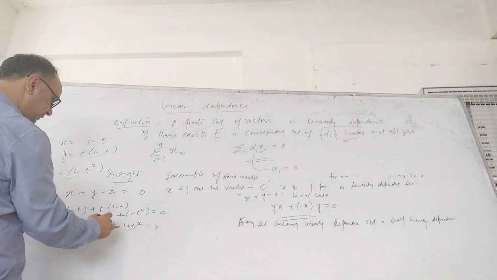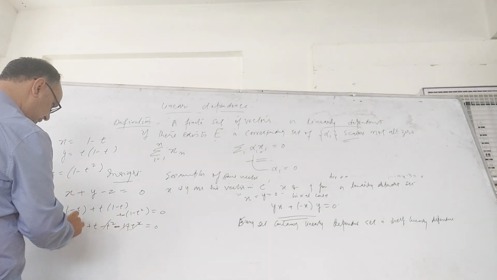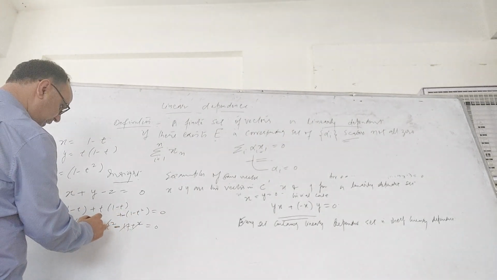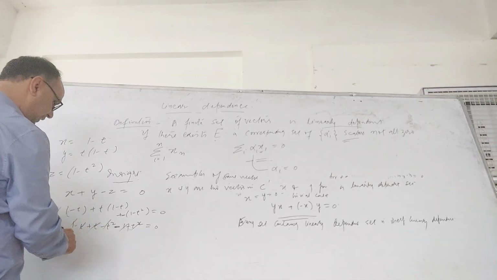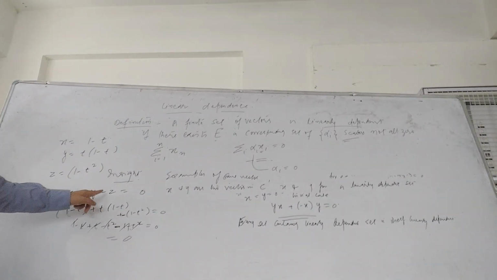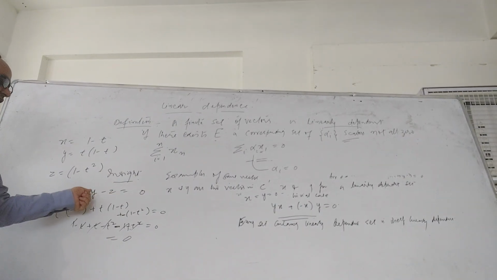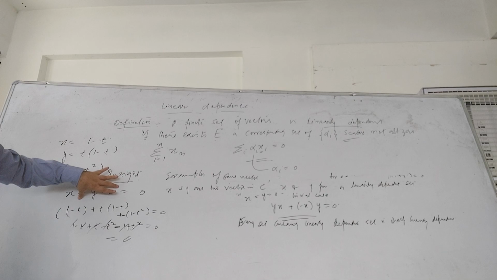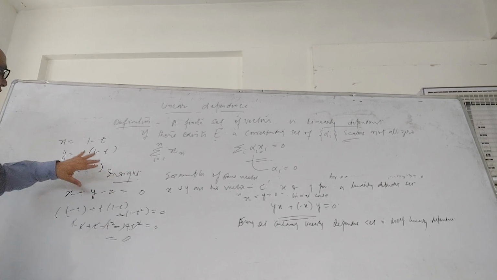So t and t will cancel. So it's 0. For this particular combination of x plus y minus z, it's still 0.